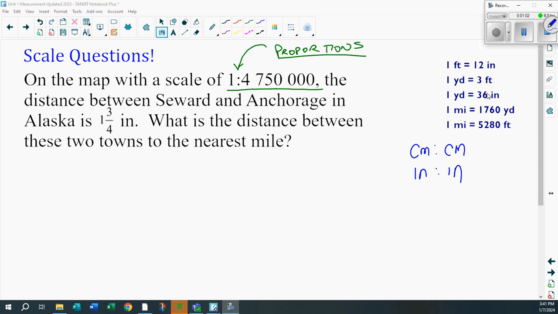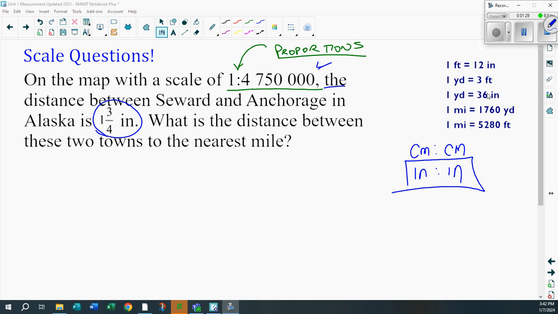Now, okay, so let's keep on reading, starting here. It says the distance between Seward and Anchorage in Alaska is 1 3/4 inches. Guess what? That automatically defaults you right to inches to inches. See how it works? Okay, then it asks you, so the map is incredibly detailed and it's to scale.